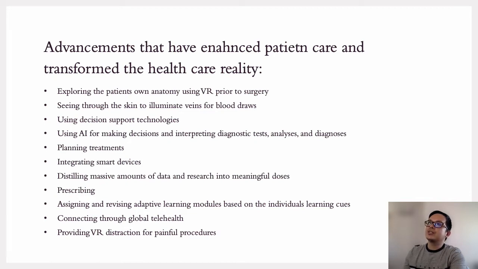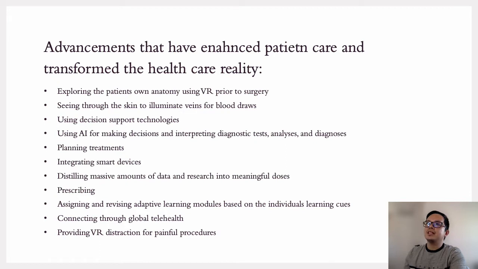Using decision support technologies. Epic systems can provide you with information and sometimes predict what's going on with your patient. Then using AI for making decisions and interpreting diagnostic test analysis and diagnosis.